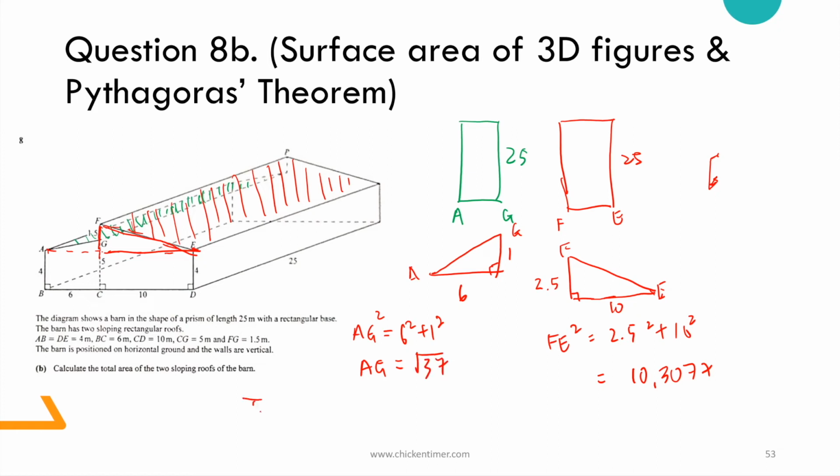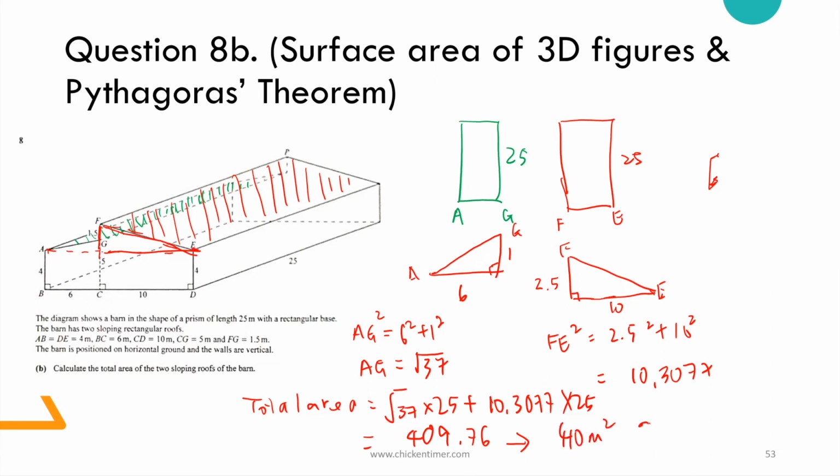So the total area will be root 37 times 25 plus 10.3077 times 25, which should be 409.76, about 410.